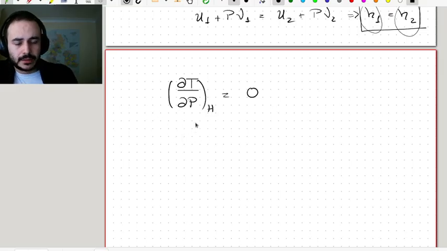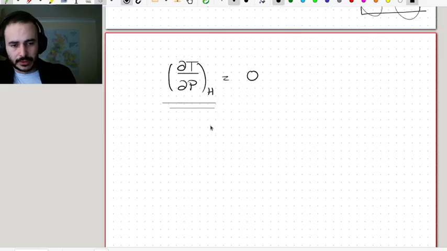And okay, this is one of these nice derivatives that we can now reduce using the tools and techniques that we have learned in this chapter.